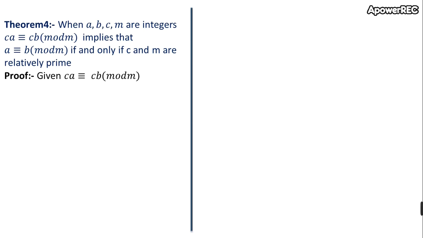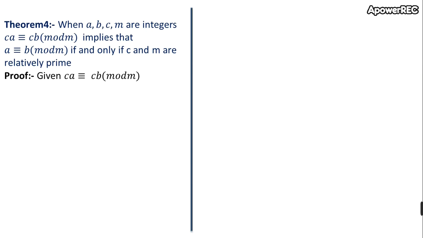That means if M and C are relatively prime and CA is congruent to CB modulo M, then we get A congruent to B modulo M. This is an if and only if case. That means here we have both directional proof.